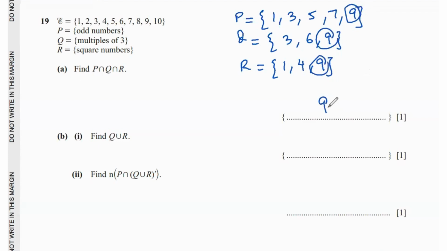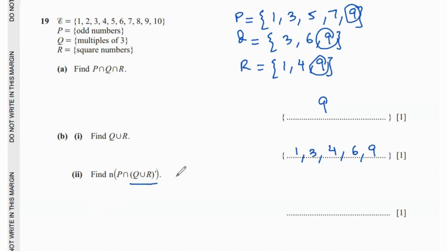Then find Q union R, which means all the elements in Q and R. So that's going to be 1, 3, 4, 6, and 9. Then find the number of elements in P intersection Q union R complement. So first, let's find Q union R complement. We already found Q union R in part 1.